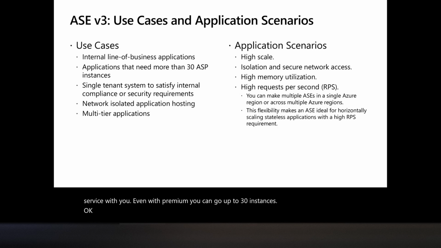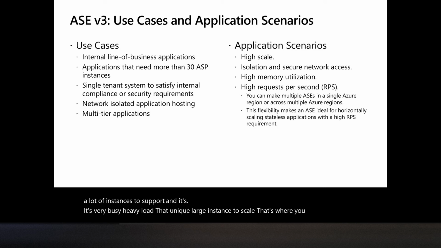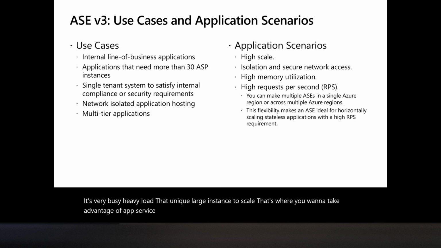So if you have a very large application that needs a lot of instances to support it, and it's very busy with heavy load, that's where you want to take advantage of App Service Environment.